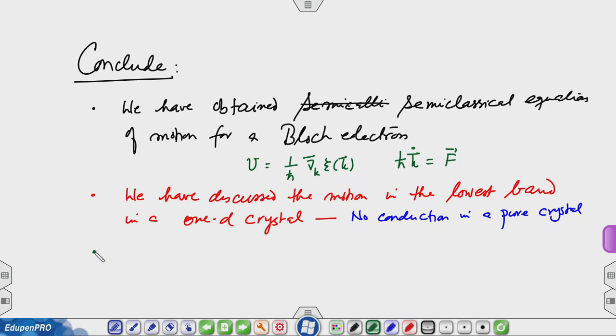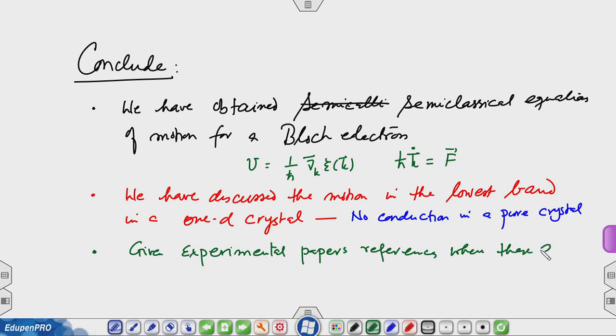And third, I have also given experimental papers, references where these are observed. I expect you all to read them, and they are very easy to read. Thank you.